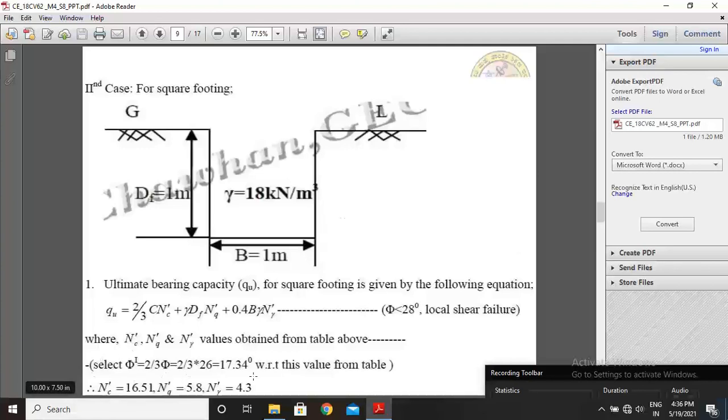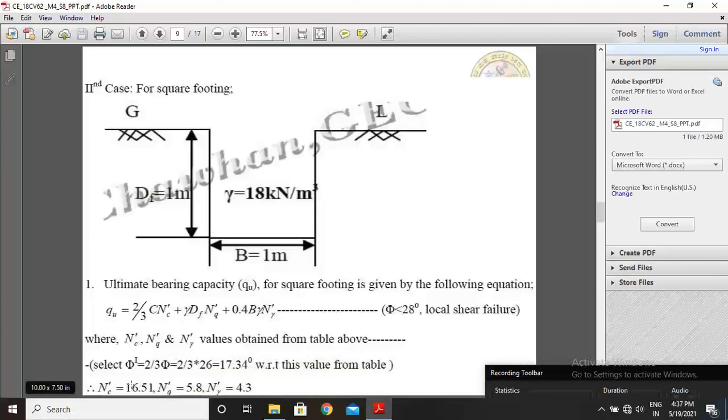Step 1. Ultimate bearing capacity for square footing is given by the following equation. If phi is less than 20 degree, considering it as a local shear failure, that is QU equal to 2/3 C NC dash plus gamma DF NQ dash plus 0.4 times B gamma N gamma dash for local shear, where NC dash, NQ dash and N gamma dash values are obtained from the table above.